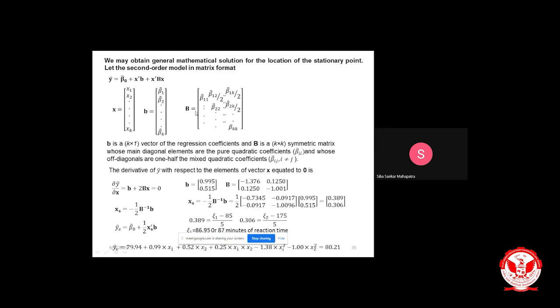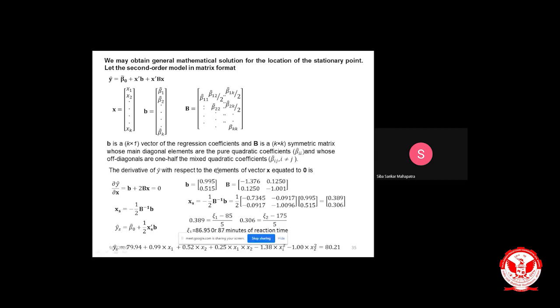Differentiating and equating to 0, we get the stationary point, y at s is beta 0 plus 1 by 2 x value like this. So this is the best y value you can get, and the stationary points, x1, x2 values, you can get from it.